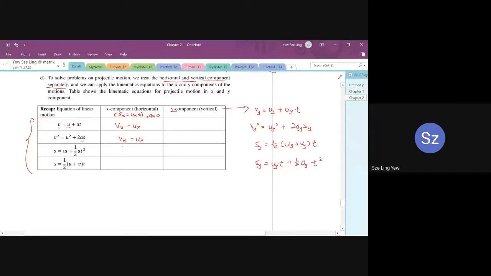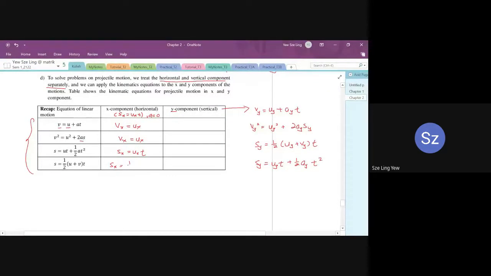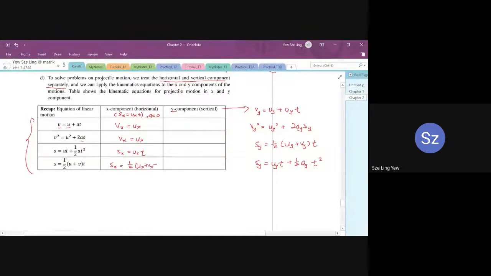The third equation, you get vx equals to ux, and then the last equation, what do you get? You get sx equals to 1 over 2 (ux plus vx)t. If you simplify this one, you are going to get sx equals to uxt. Okay, so basically that is what happened.